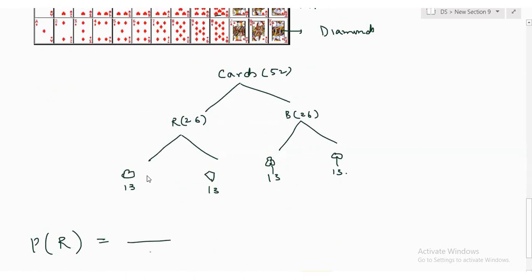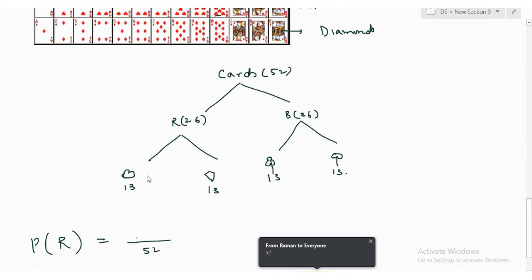How many are there in the sample space? How many elements are there? 52. How many are favorable? How many cards are in favor of my betting? 26. That's it. That is the probability. All with me? So there are 26 red cards. 26 divided by 52.